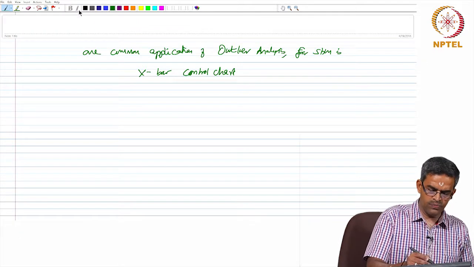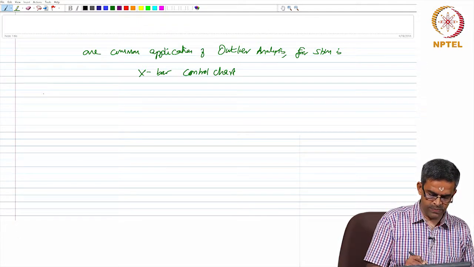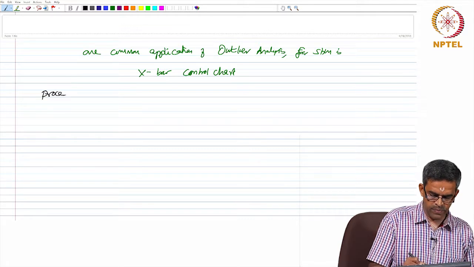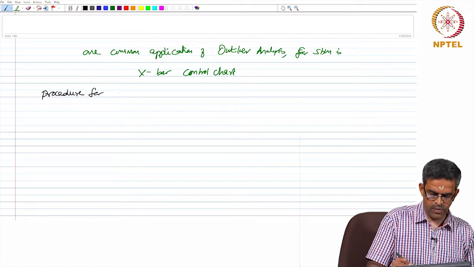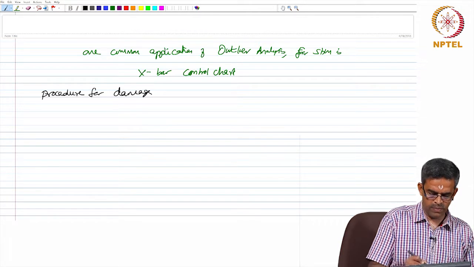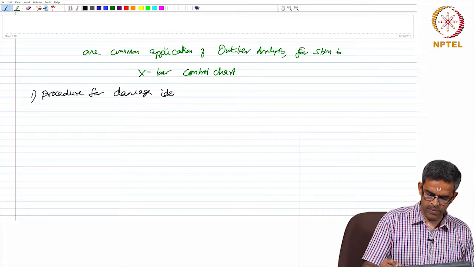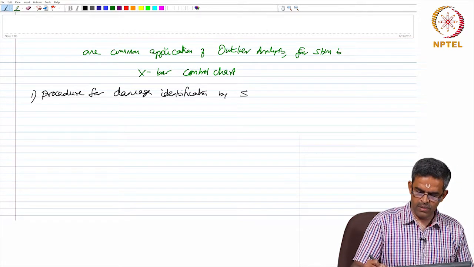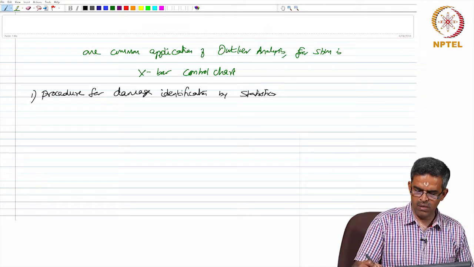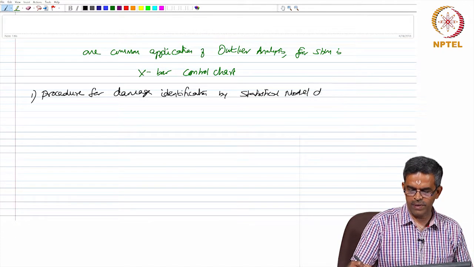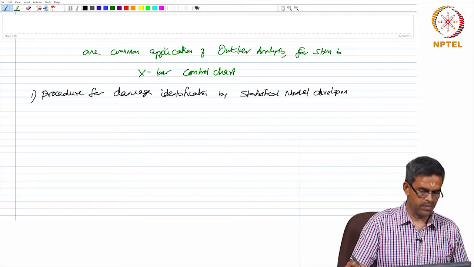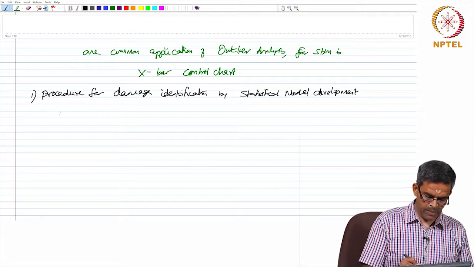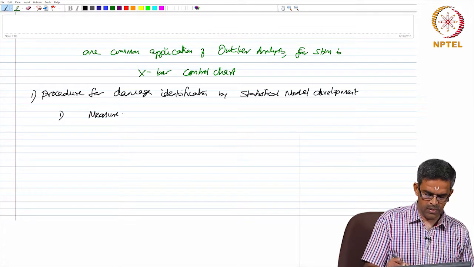Now, let us look into the procedure for damage identification by statistical model development. So, the first step will be to measure a typical set of data.